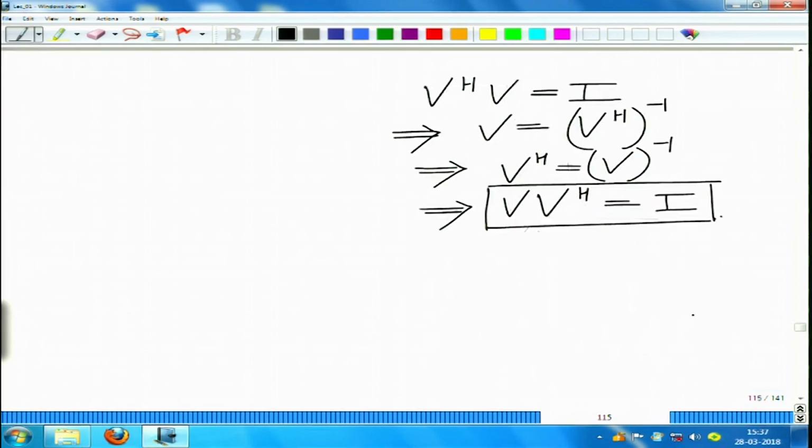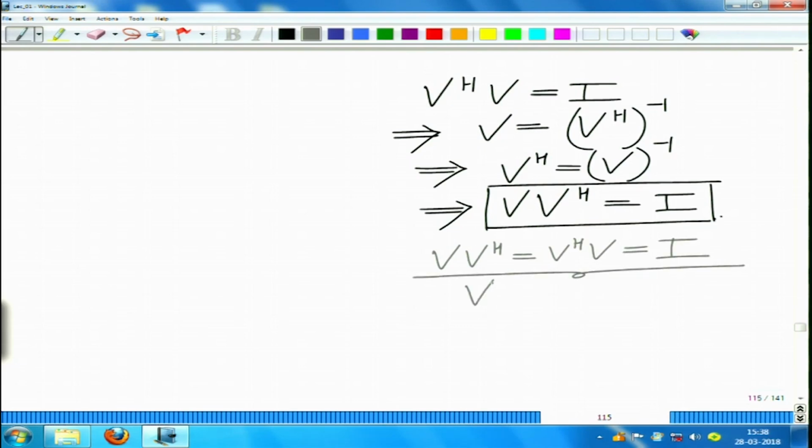Okay, so such a matrix V which satisfies V V Hermitian equals V Hermitian V equals identity, such a matrix is termed as a unitary matrix.